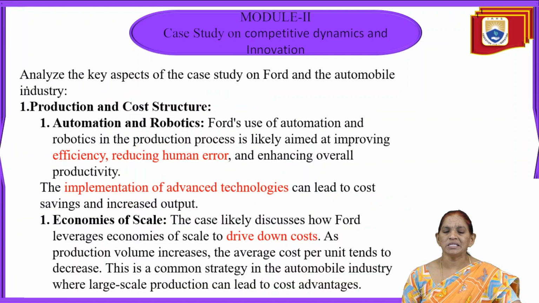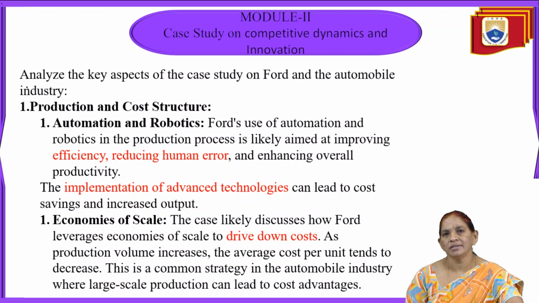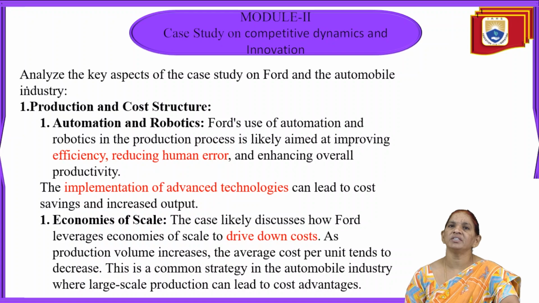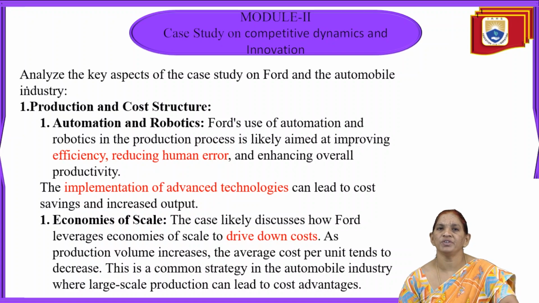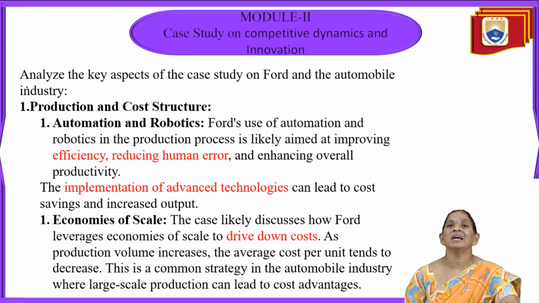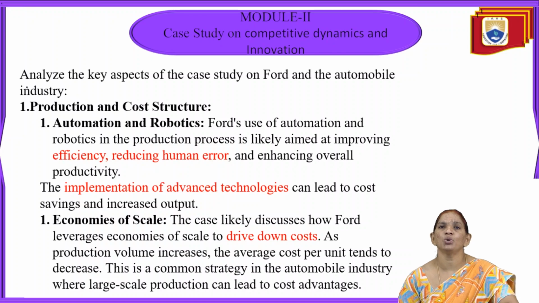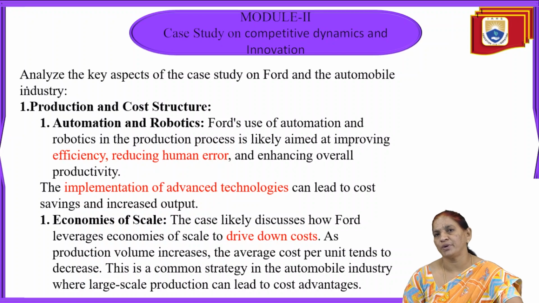First we'll analyze the key aspects of this case study on the Ford automobile industry. The first aspect was related to production and cost structure. What type of efforts has Ford made relating to automation, meaning mechanization of its production units, and by enhancing robotic services in the production of automobile parts or spare parts?